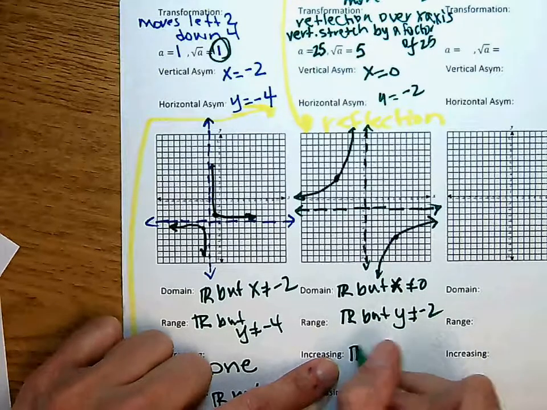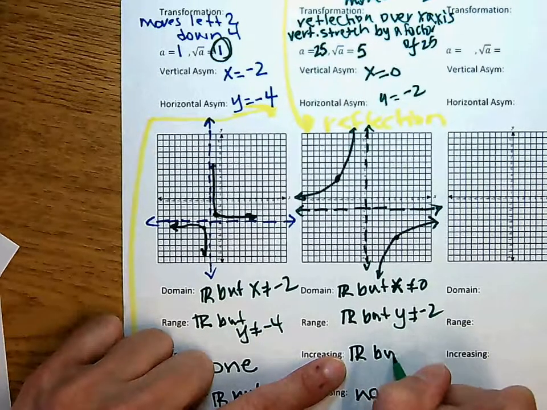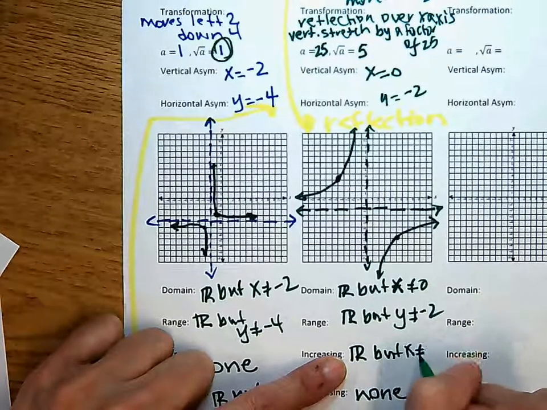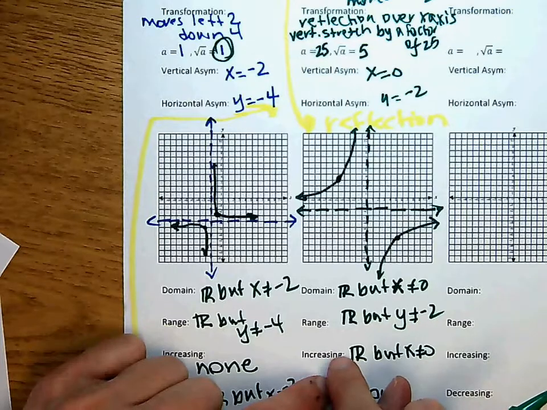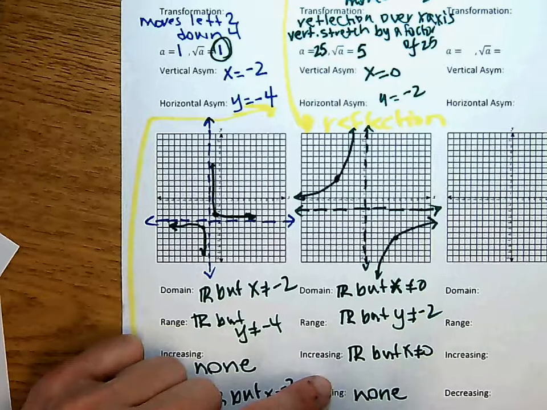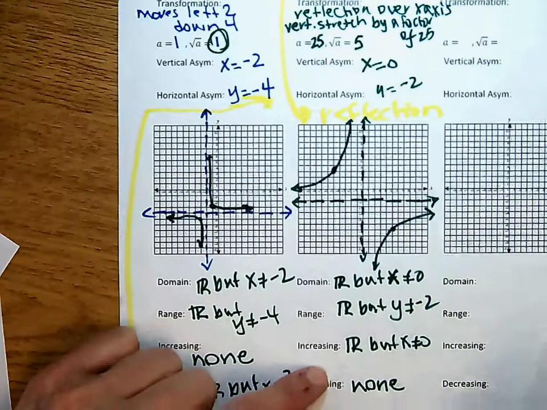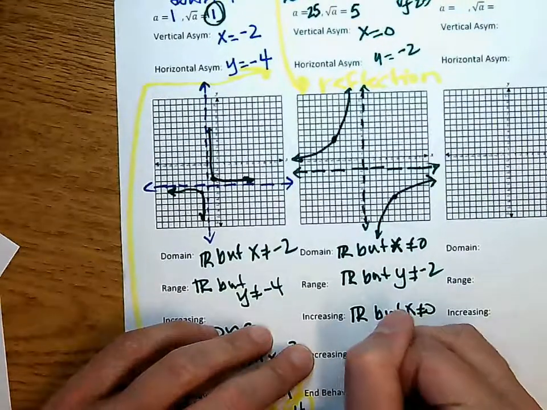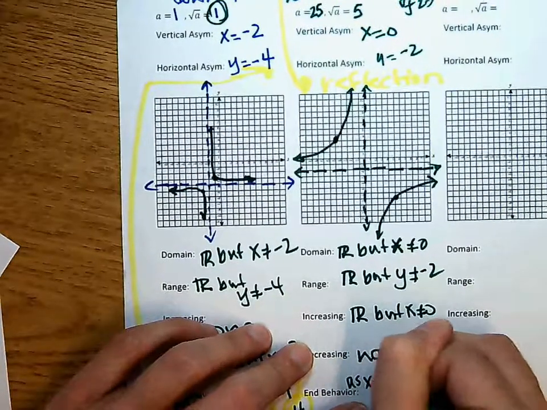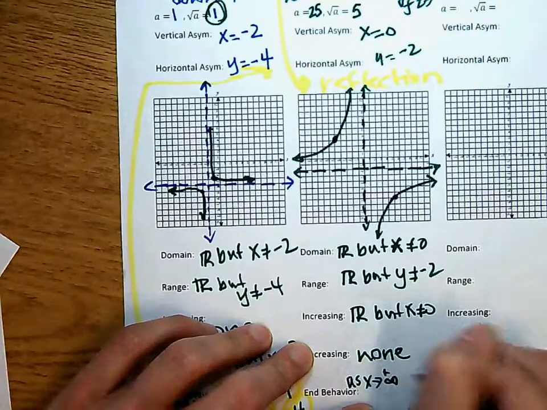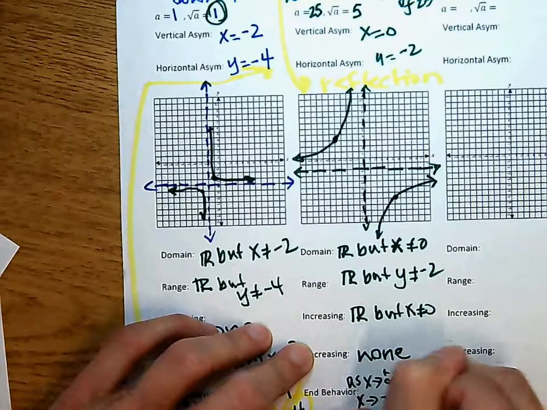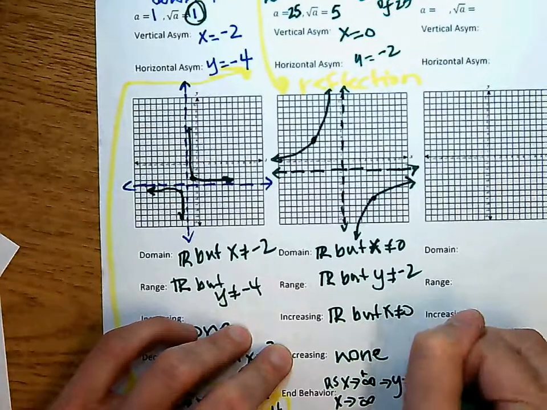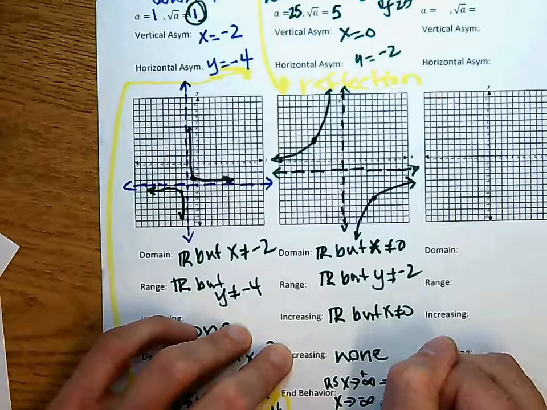All reals, but x cannot equal 0. So your interval, whether it's increasing or decreasing, is going to be exactly the same thing as your domain. And the end behavior. As x approaches positive infinity, y approaches, what is my horizontal asymptote? Good. Y approaches negative 2.